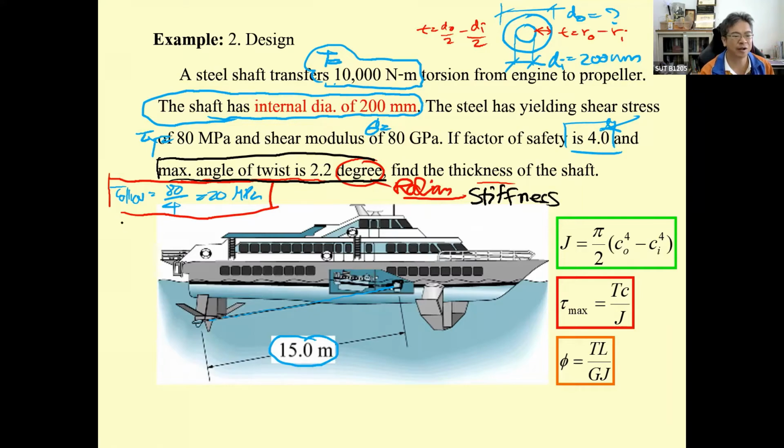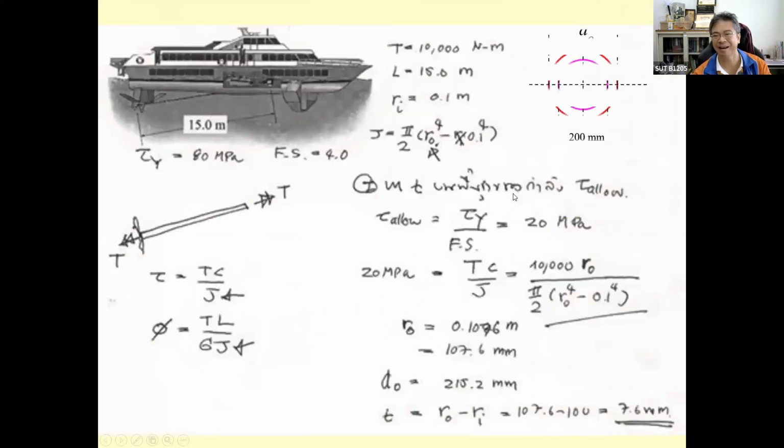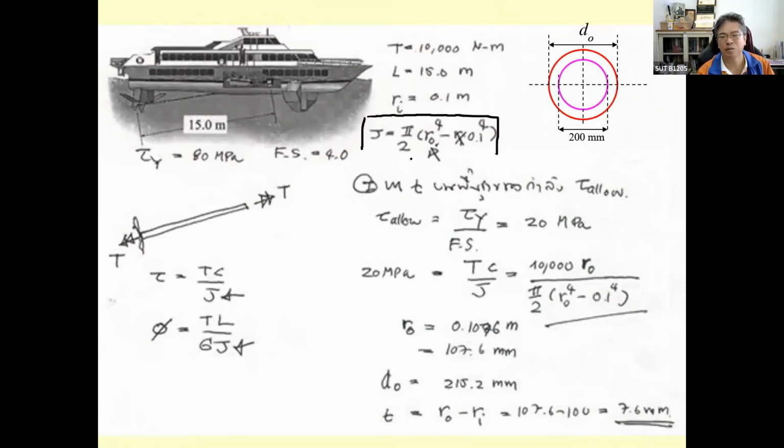Okay, this is based on the strength of the material. So we will compare the thickness from the strength with the thickness calculated from the stiffness, and we're going to take the larger one. Then we have this one, and then the J is going to be this one.